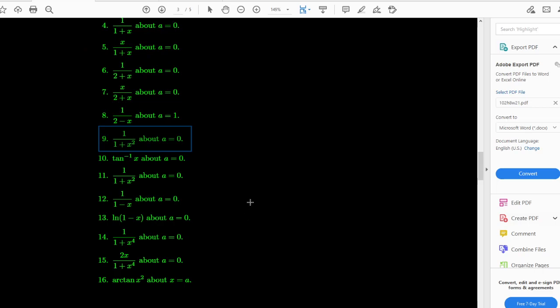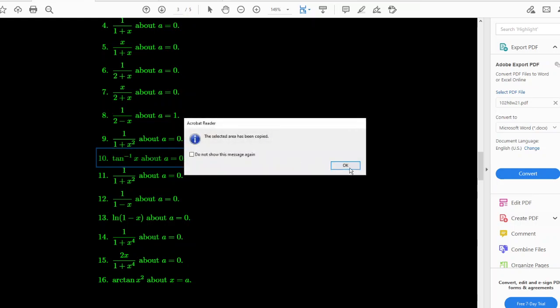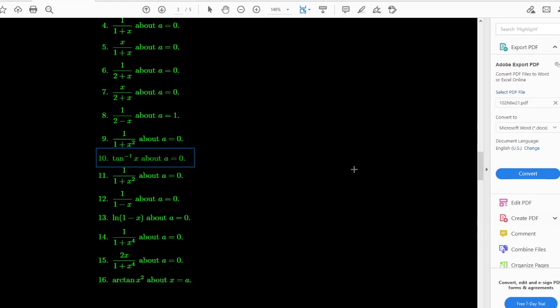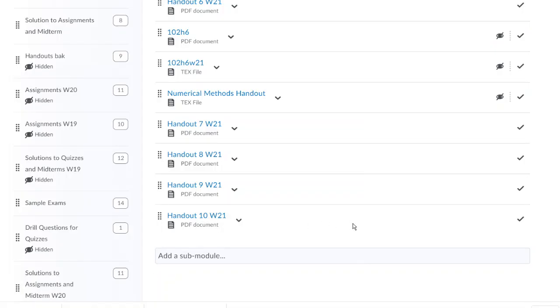Okay, the next question is wonderful. Now you look at 10. Do you know what to do? Can you imagine what to do? The only thing we know how to represent now is 1 over 1 minus x. Now you have inverse tan. The good news is it's permissible.